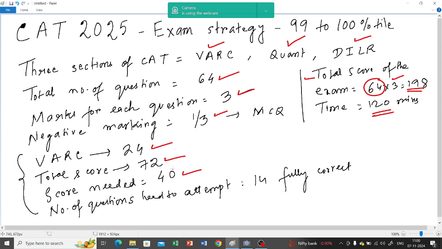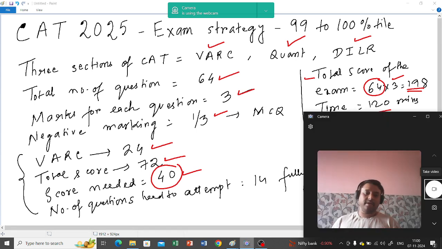You can understand that if you want to get 40 marks in this particular section, then you need to answer 14 questions correctly, because for each question there are 3 marks, so 14 into 3 is 42. That will definitely help you get 40 marks easily. Now remember, I have written here 14 fully correct. See, in CAT, either you increase your accuracy or you increase your speed.